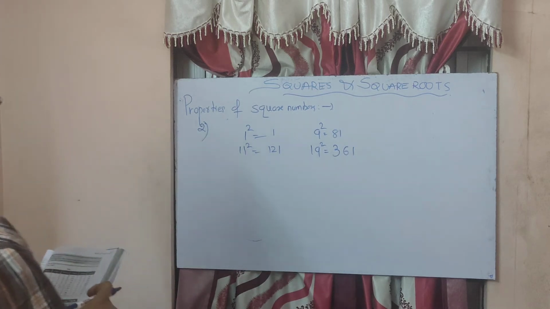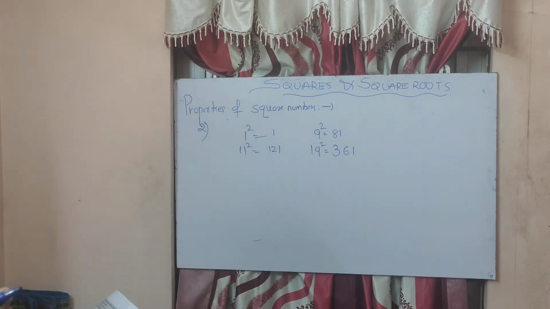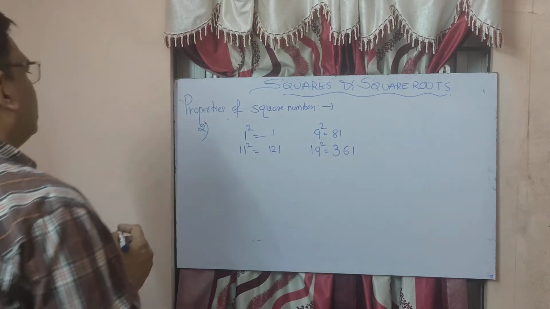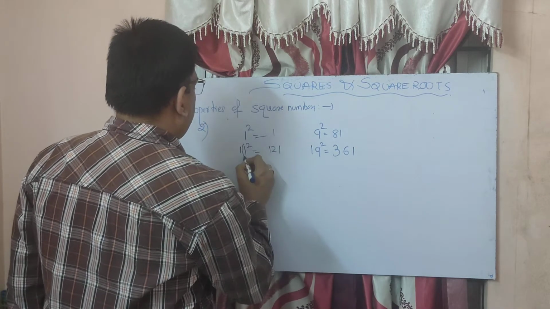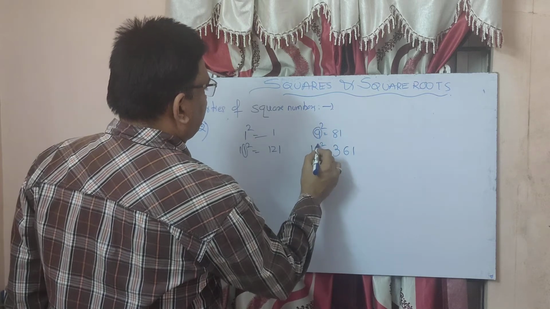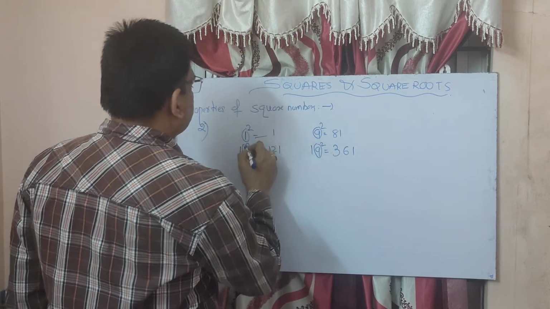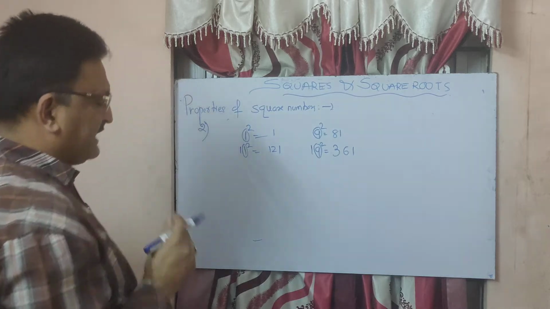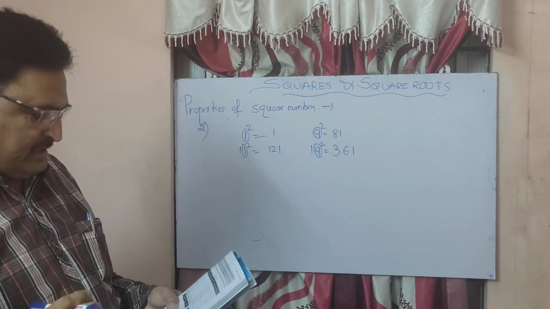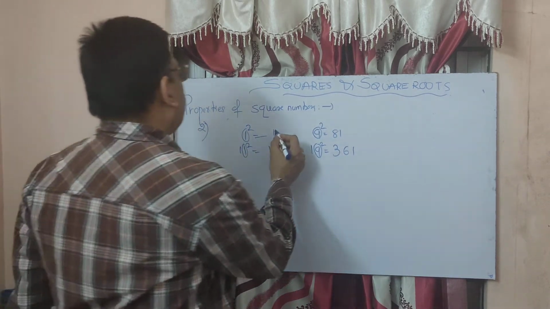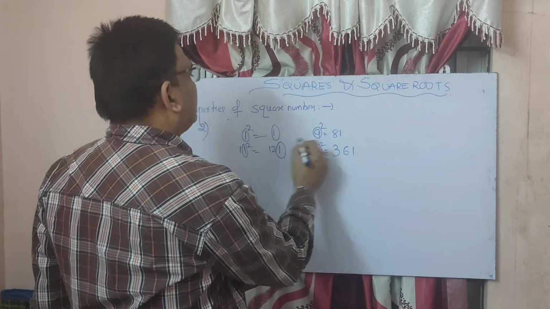See, if the number has 1 and 9 in the unit place, then its square ends in 1 only.